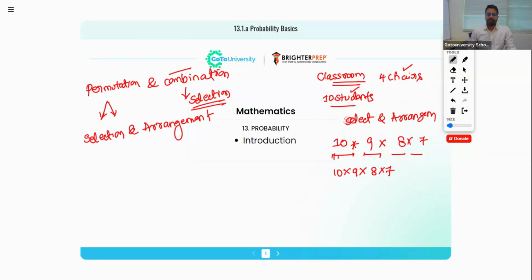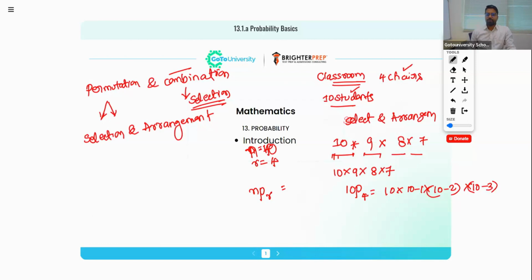So here the number of chairs is represented by letter R and the number of students by letter N. Selecting and arranging N objects in the R places is given by NPR. So here it can also be written as 10P4, which can be seen as 10 into 10 minus 1 into 10 minus 2 into 10 minus 3.